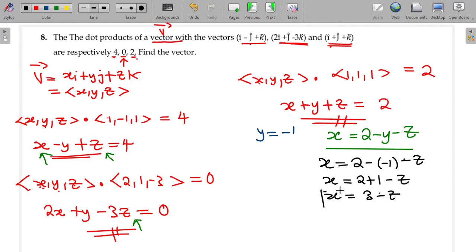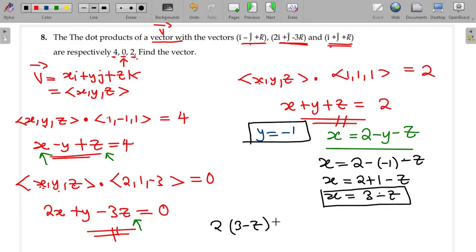So let's take this and substitute it there together with this. So that will be 2, the x is 3 minus z, then the y is plus y, so that is plus minus 1, then minus 3z is equal to 0. So here I'm going to get 6 minus 2z minus 1 minus 3z is equal to 0.